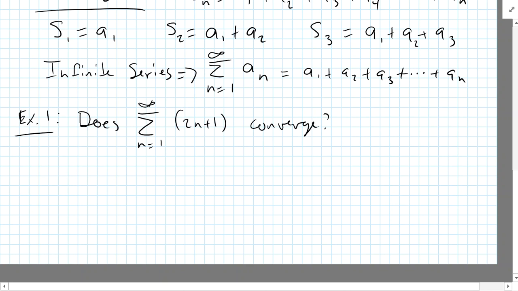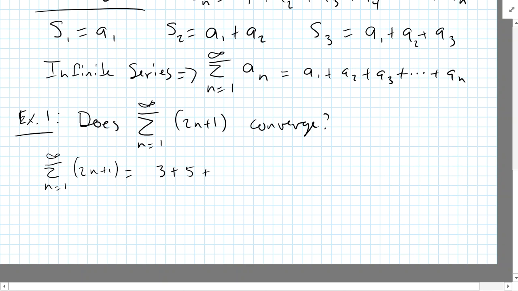And so we look at it and we go, okay, well, what does that series look like? Let's just look at it. We have the summation of n equals 1 to infinity of 2n plus 1. Well, actually, let's go ahead and put in 1. So that's going to be 3. And we put in 2, it's 4 plus 1 is 5.